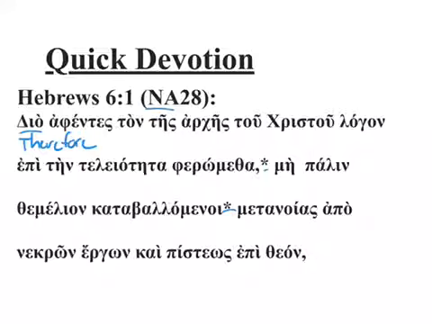So he gets to the sixth one. So therefore, let's see if I can remember all my words. So therefore is this one, dio. The main verb is going to be this one right here, pherometha. Does this word even look familiar to anyone? Pharaoh.